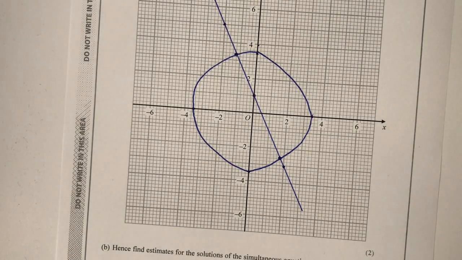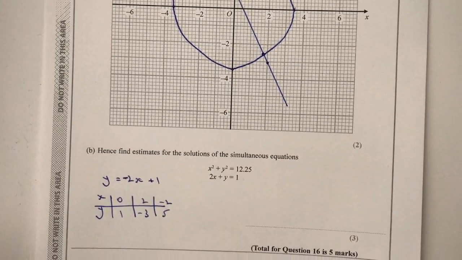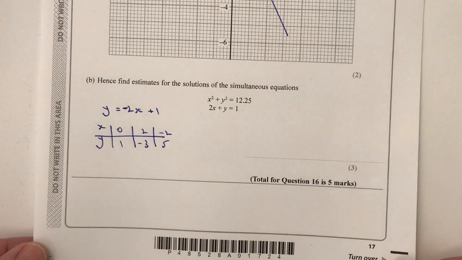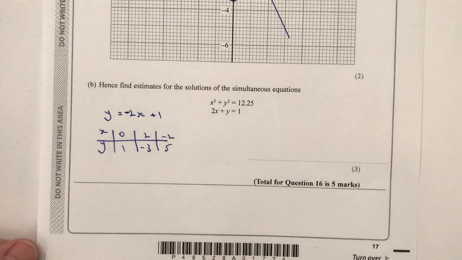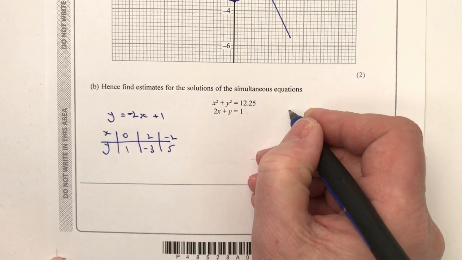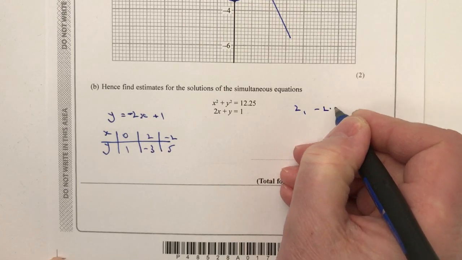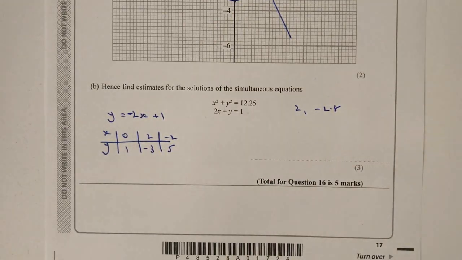Now I did do some notes on this particular one, so I'm going to very swiftly move my awful circle off the grid and say that actually it crossed at 2 and minus 2.8, which is one of the coordinates.